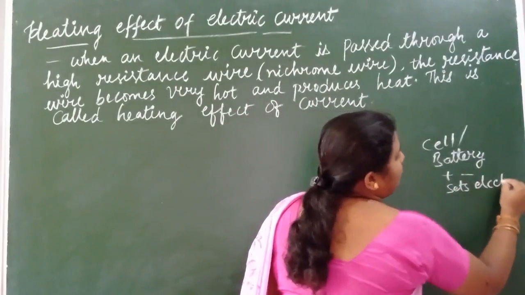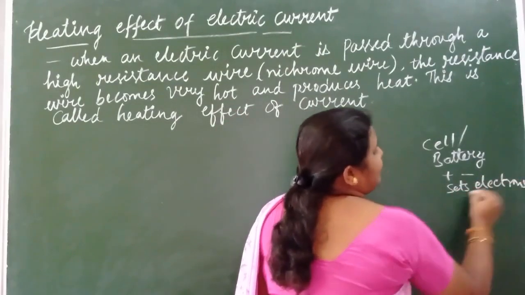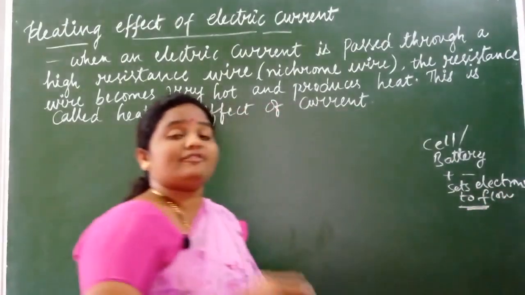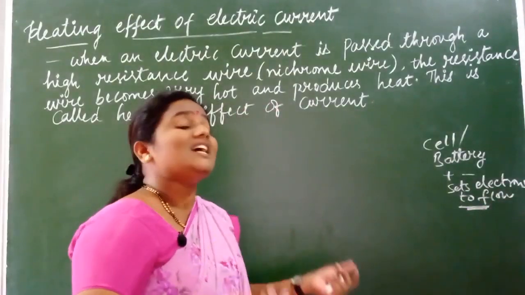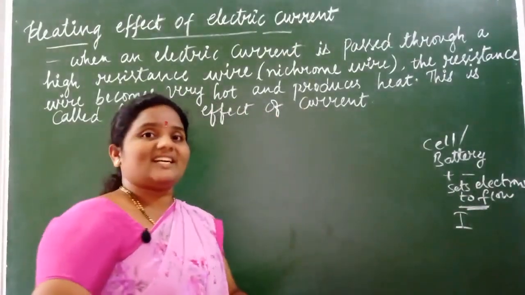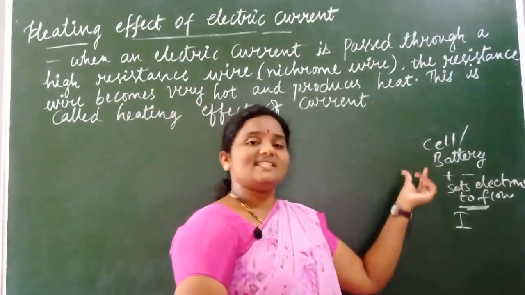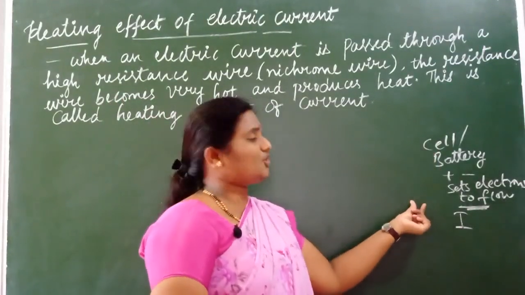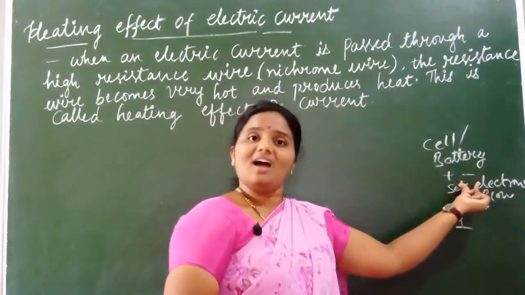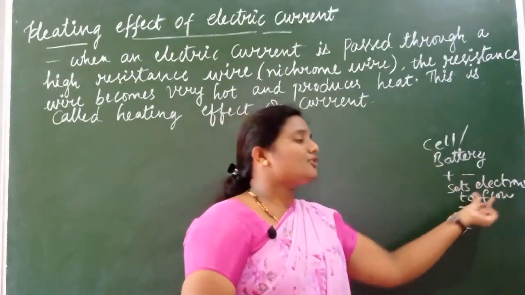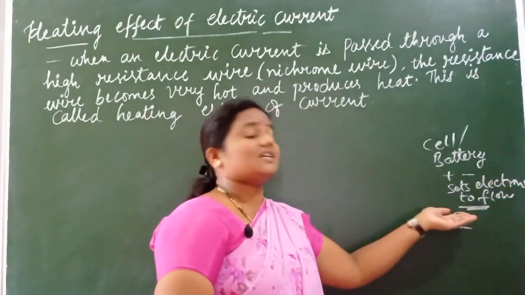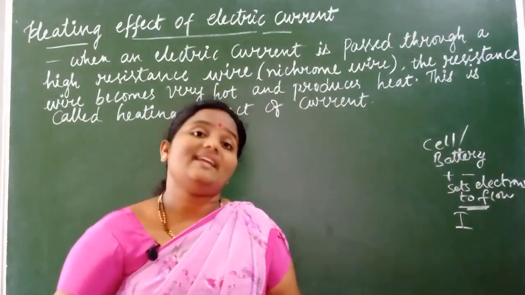It sets electrons to flow, isn't it children? So if there is a flow of electrons, we can produce current there. Generally inside the cell, due to chemical reaction, there exists a potential difference between the terminals of the cell, and it makes the electrons flow in the resistor or system of resistors, and produces a current in it.